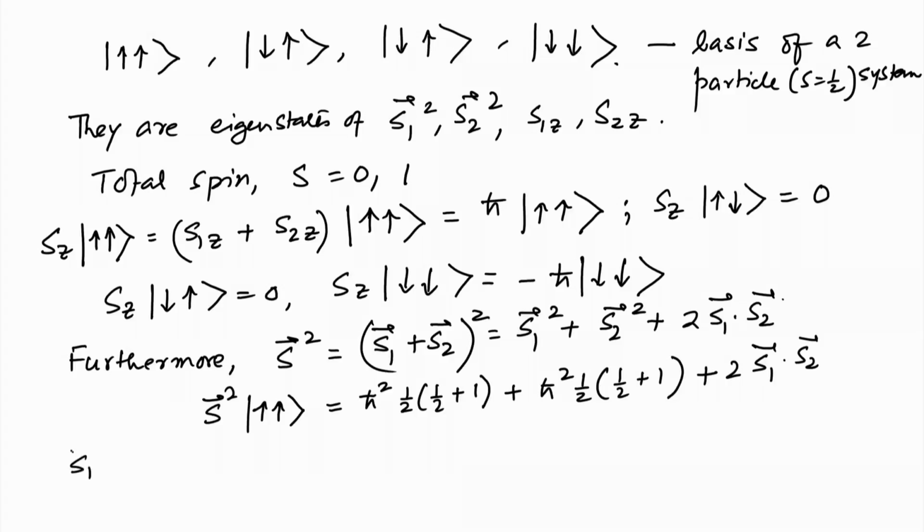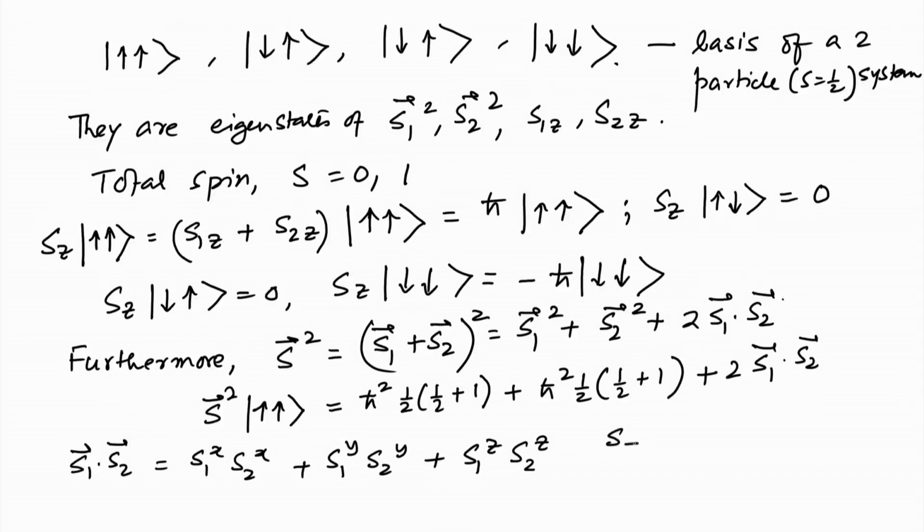Let us see what we can do for the S1 dot S2. S1 dot S2 is equal to S1x S2x plus S1y S2y plus S1z S2z. Now, if you introduce the ladder operators for the spins, S plus can be written as Sx plus i Sy and S minus can be written as Sx minus i Sy.